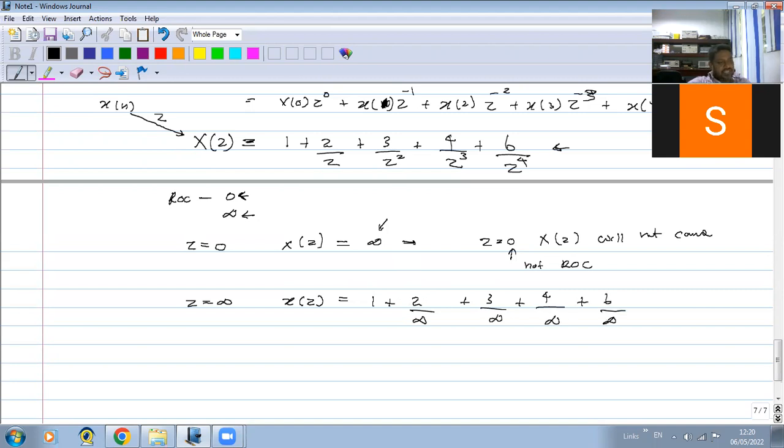So you can see that each of these terms will be 0, and you will get that x is equal to 1. Correct.